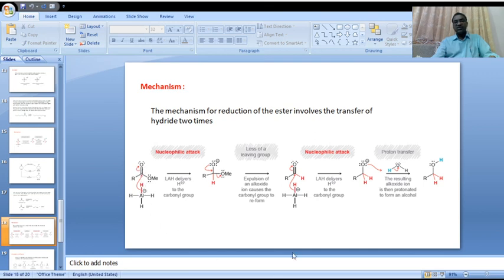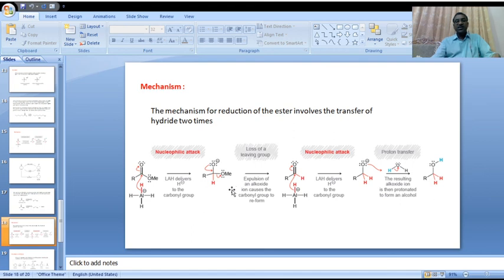This is the first step, and the second is after loss of the leaving group, this methoxy leaving group. Is it okay? This pair of electrons shifts to this side, and immediately the methoxy leaving group is lost.